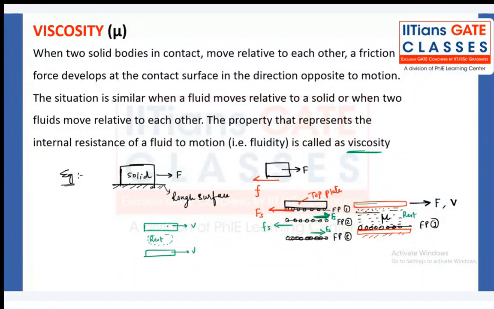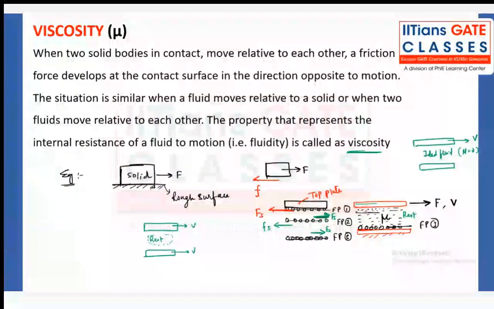Now, in one case, even though you try to move the plate with a constant velocity, it will still offer no resistance when you have an ideal fluid. Let's say you have an ideal fluid which has no viscosity. Though you try to move it with velocity v, the fluid particles will not resist the motion of the fluid particle attached to the top plate, and all the fluid particles will start moving with the same velocity v.